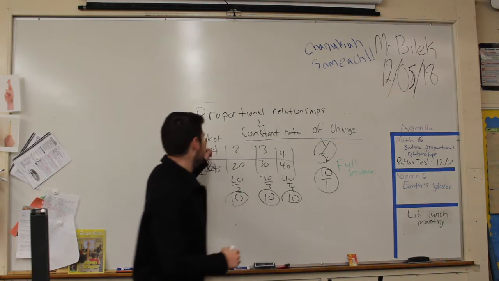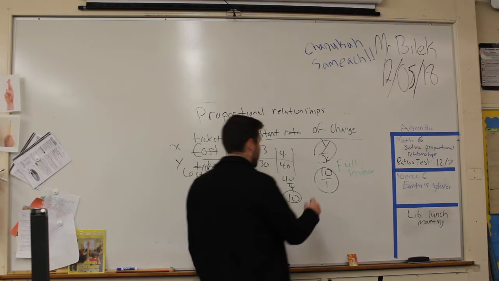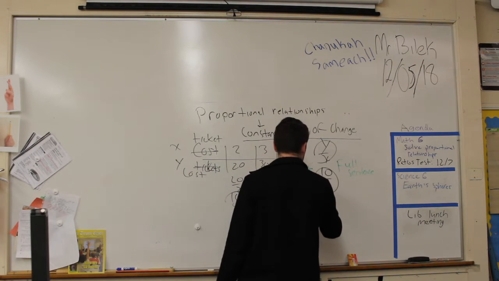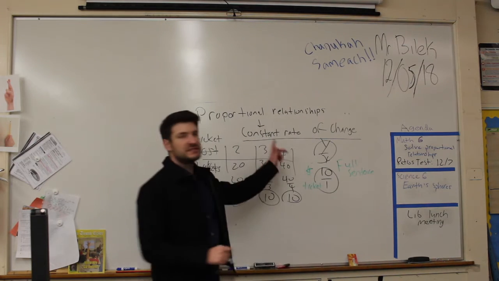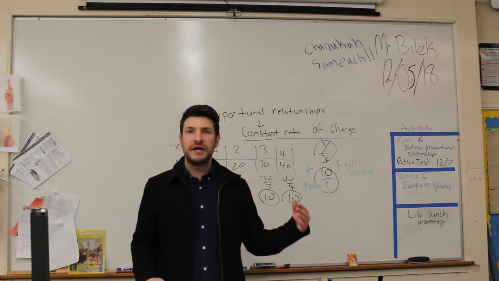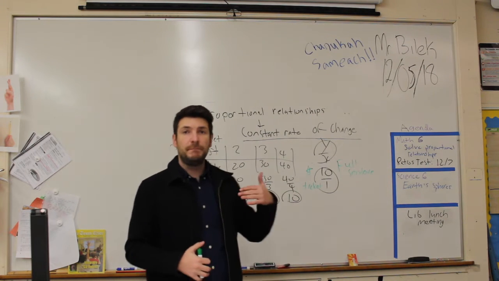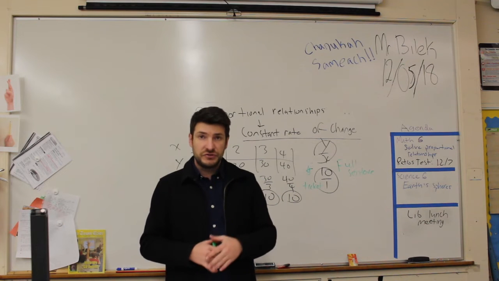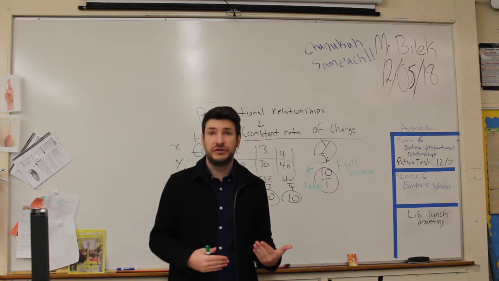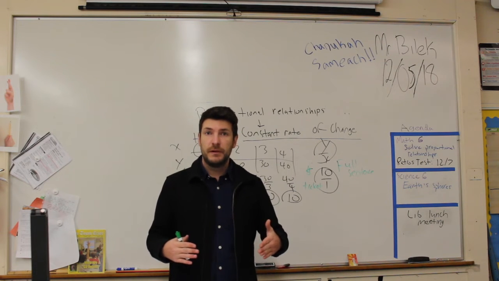So if this is tickets and this is cost, and we know that we have 10 over 1, $10, 1 ticket, I want you to tell me my constant rate of change, so you'll put a full sentence that says the constant rate of change. The change every single time is that every time you go up by 1 ticket, it costs $10, or to put it in words that aren't as awkward, each ticket costs $10. That is a constant rate of change every time.